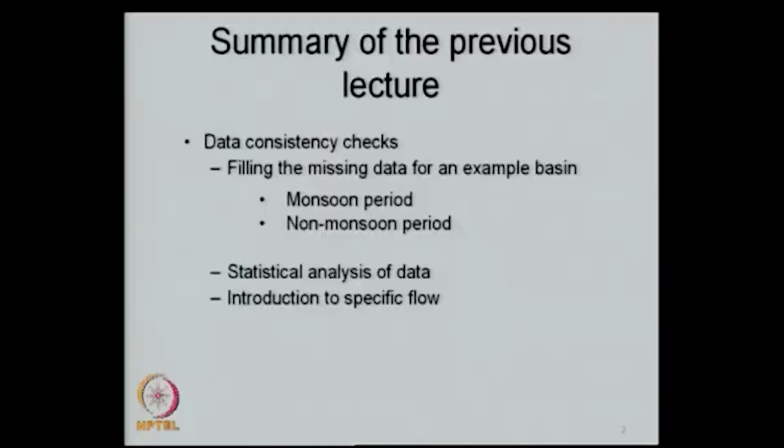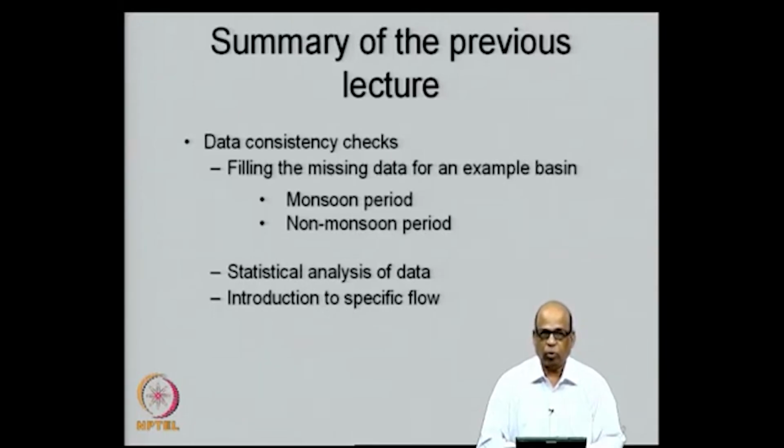In the last lecture, we examined typically the methods for data filling. Let us say that you have observed data at a particular location for 50 years and something, and in this 50-year series of data, there may be many values missing for several reasons.